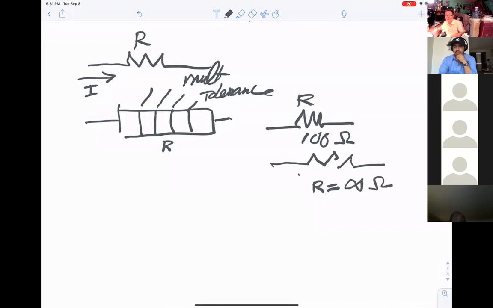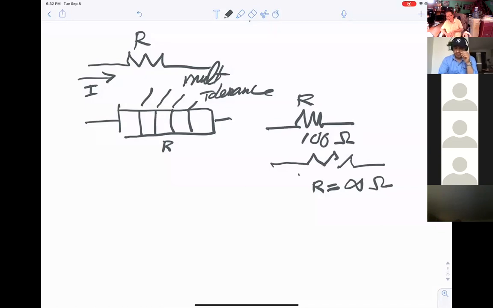Infinity ohm, that means too big. Current cannot flow through it. Very simple thing. When you turn on your headlight, if they're not on, guaranteed the resistance inside is open. So the current cannot flow.